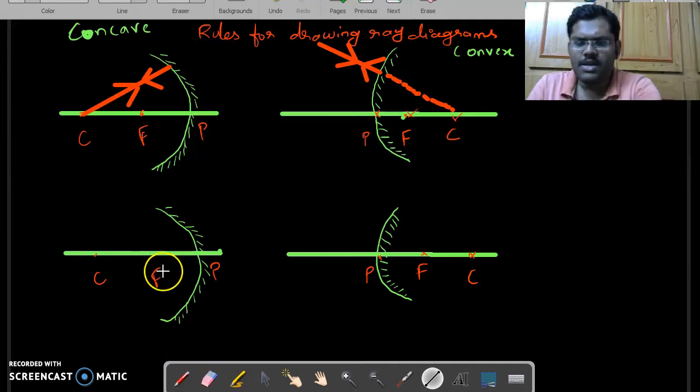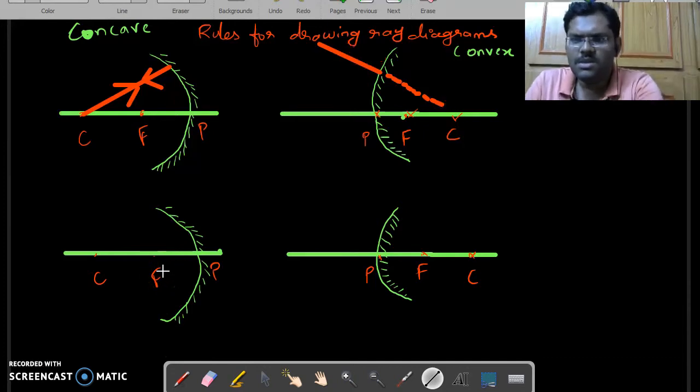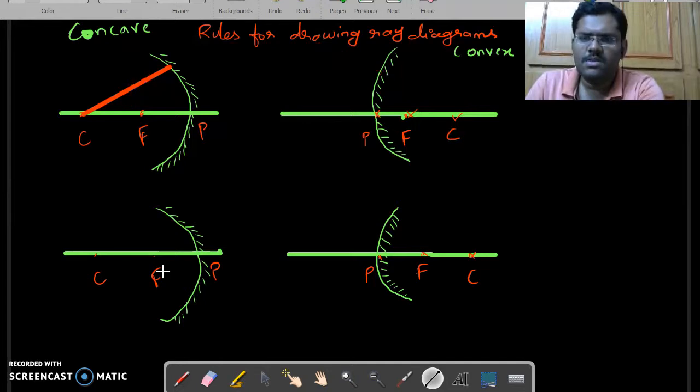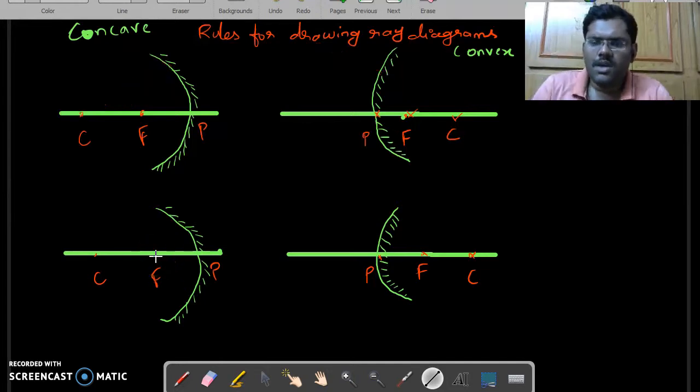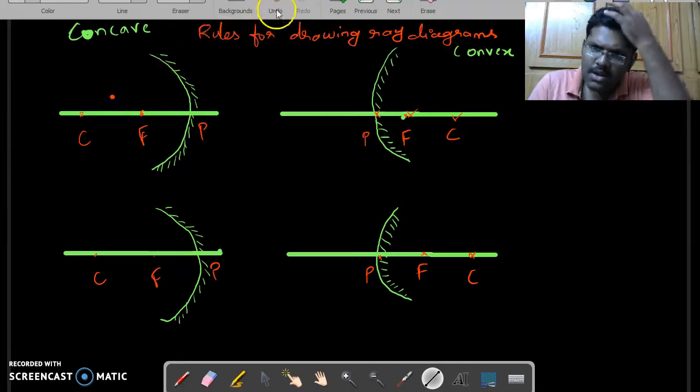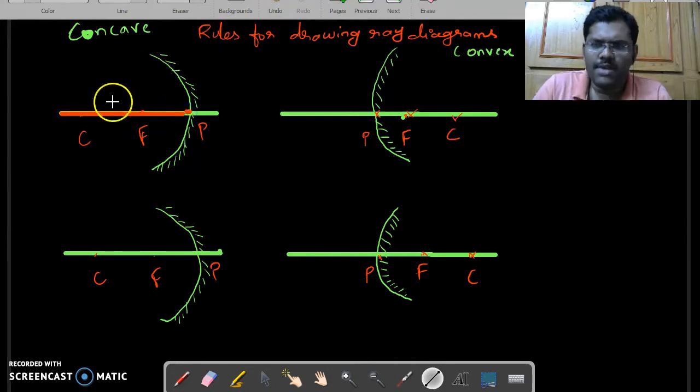Okay, and next, any light ray which is passing along the principal axis, either for concave or convex, is incident on the pole and gets reflected back.